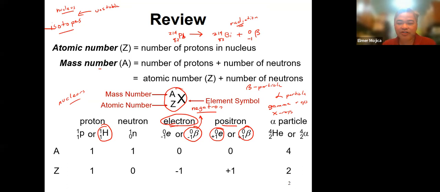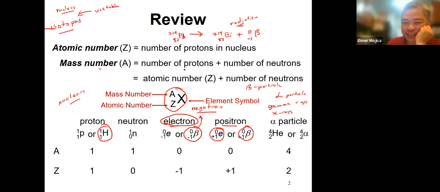Okay, now if we're going to look at the kinetics here, ano yung order ng reaction kapag, let's say, yung radioisotopes nagdi-decay, ano yung order ng reaction niya? Anyone? You still remember the zero, first and second order? So ano usually yung order ng decay or rate of decay? If ever I ask it in the finals, either multiple choice or true or false.